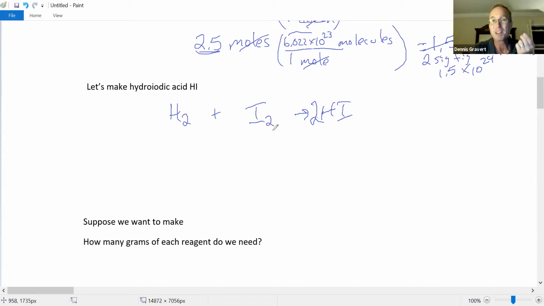Go get one molecule of I2, throw a spark in it, heat it up, mix them up, make them collide, do the chemical reaction, and hey, after some amount of time, you'll have 2 molecules of HI. 1 molecule plus 1 molecule gives you 2. You could also say, how about if we take a dozen hydrogen molecules and a dozen iodine molecules, and you'll get 2 dozen HIs.